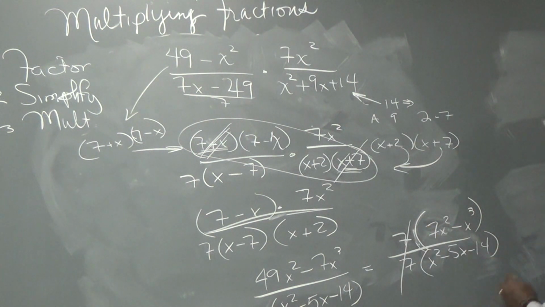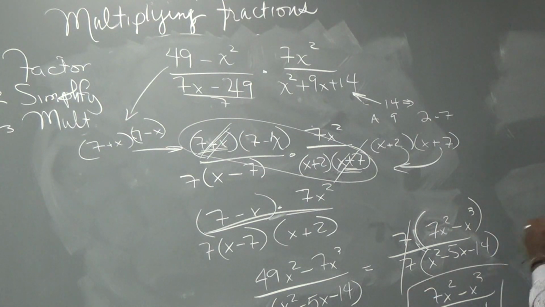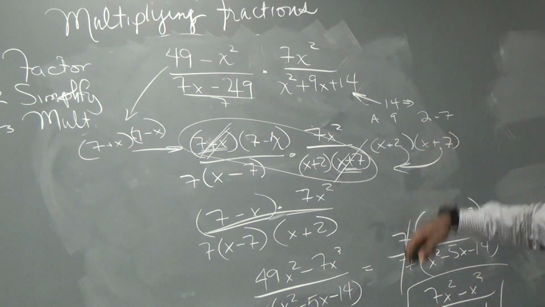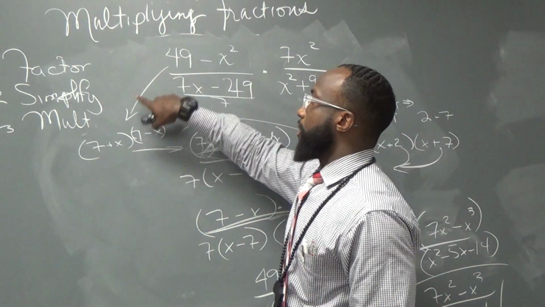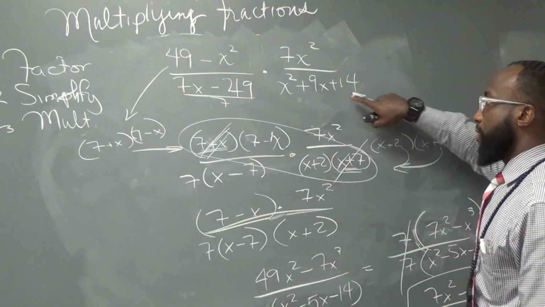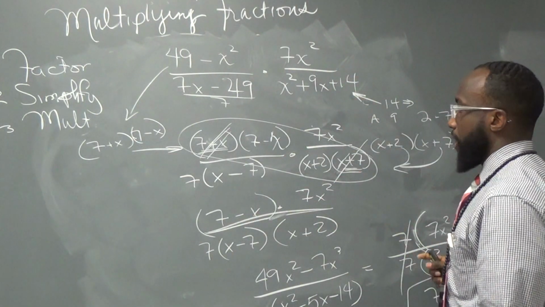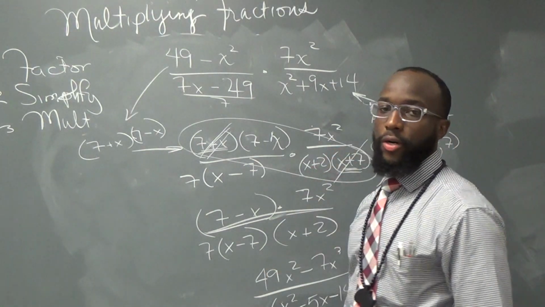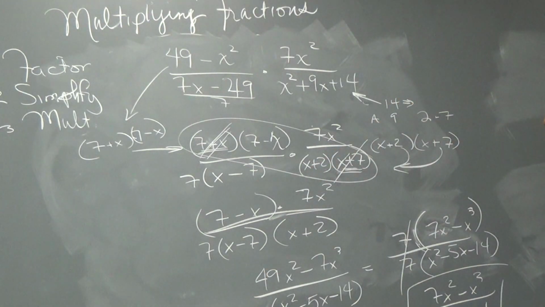Okay, so your solution then would be just 7x squared minus x to the third over x squared minus 5x minus 14. Okay, so that's it. Basically what I wanted you to see is that you got the difference of two squares here, and you just broke down, you factored this trinomial out, and then from there you cancel things out accordingly.